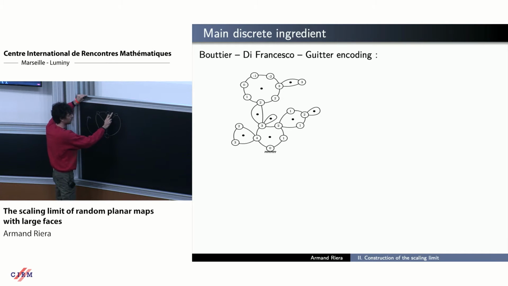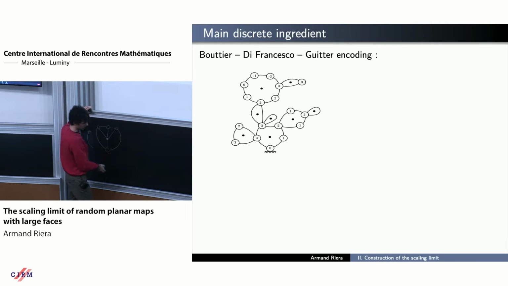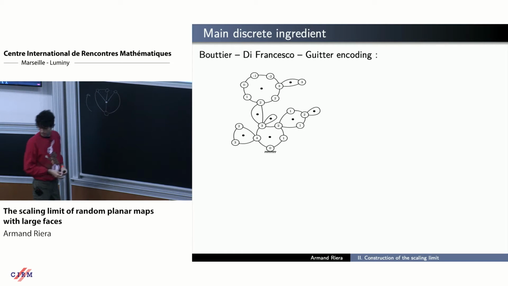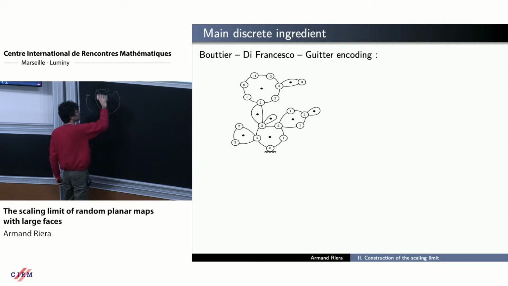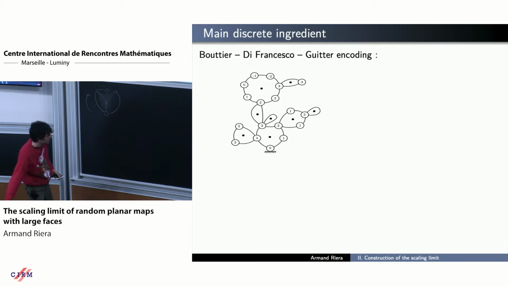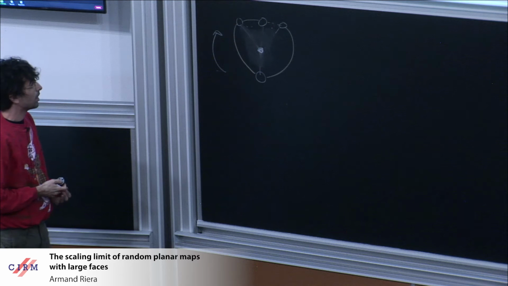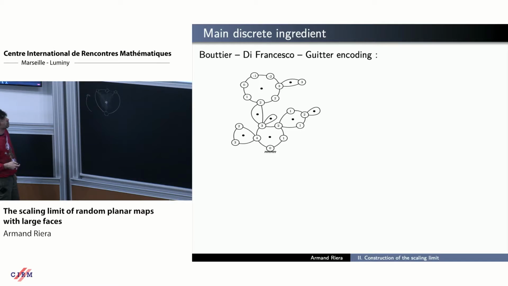And I will obtain, like this, a loop. And then I'm going to remove all the connections inside the loop. So I'm just going to do that. Okay, and so I obtain this loop tree.